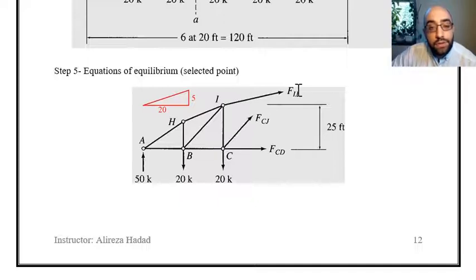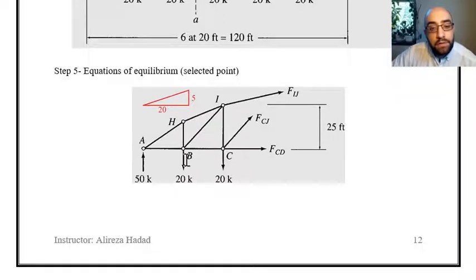Again, I have 2 unknowns, and that is not going to help us either. But if we look at the third equation, which is summation of moments, and if we write it about point C, then you can see there will be only one unknown in the equation, because if I find the moments about point C, there is no moment because of Fcj and Fcd.